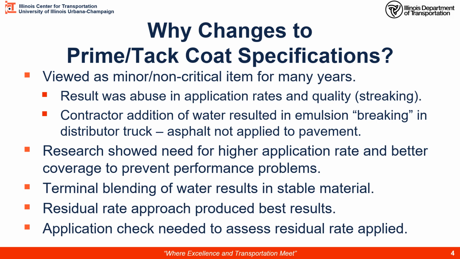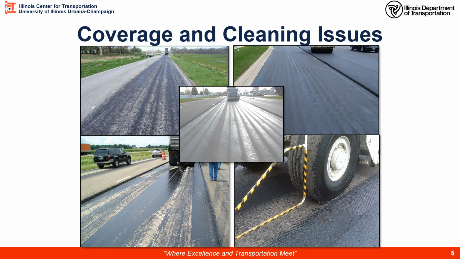The pay item was switched to residual pounds of asphalt to help produce a better result and a better check in the field. And then a method was developed to check the residual rate applied.